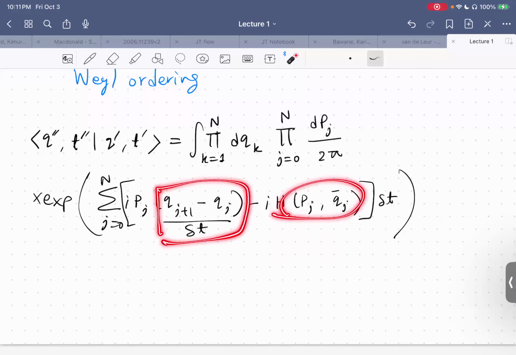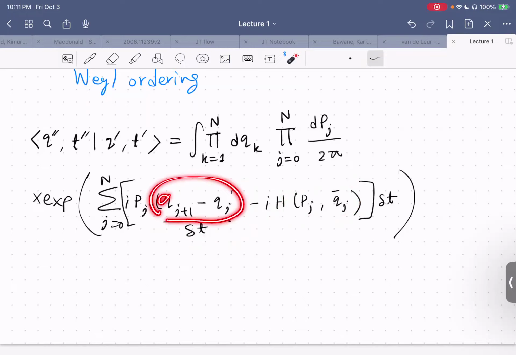What about this quantity? Well, this is the difference between q's that are neighboring, right? One coming from the jth timestamp, the other coming from the (j+1)th timestamp, divided by the time interval. So in the limit when delta t goes to 0, this is literally the definition of the first derivative of q with respect to time, right?